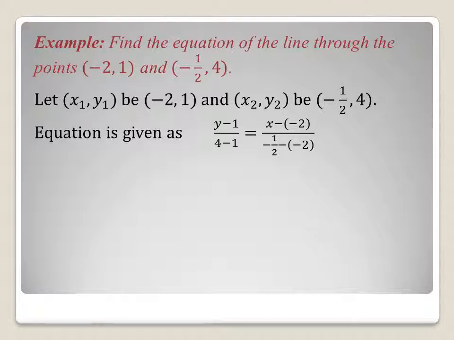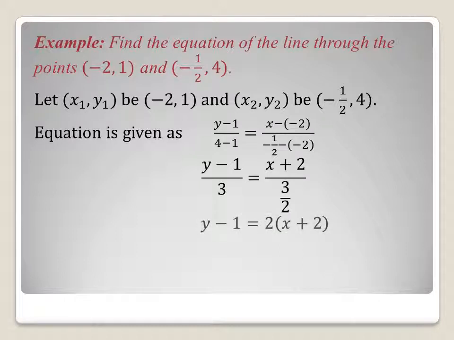Simplifying this, we have (y minus 1)/3 equals (x plus 2) divided by 3/2. This further simplifies to y minus 1 equals 2(x plus 2). And after opening brackets and collecting like terms, the equation of the line can be written as y minus 2x equals 5.